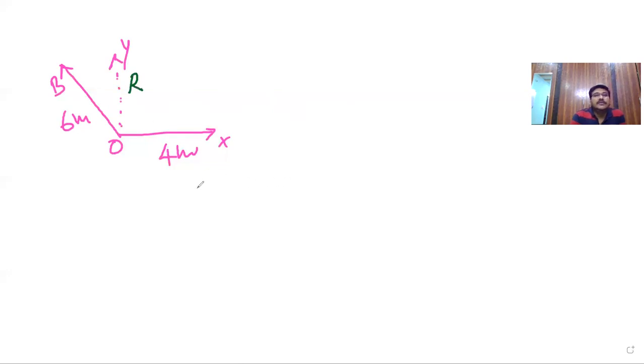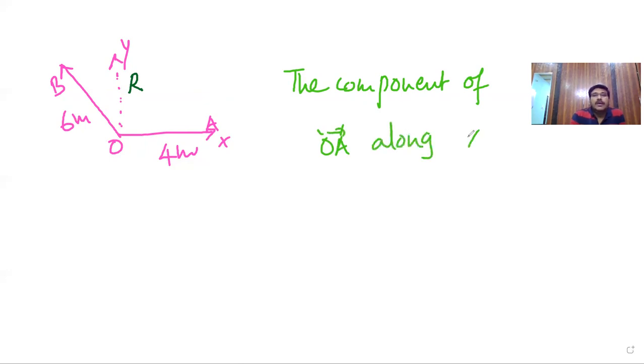Resultant R. Now this is OA, this is O. Now I am splitting the components. The component of OA bar along the x-axis is 4 meters.